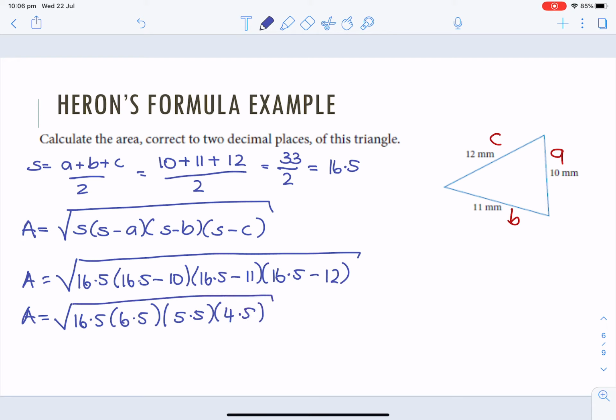Oops, forgot to close that. Now, if you're looking at it this way, it is easier to then have to deal with a few numbers rather than a mixture of letters. So, under this thing, 16.5 times 6.5 times 5.5 times 4.5.